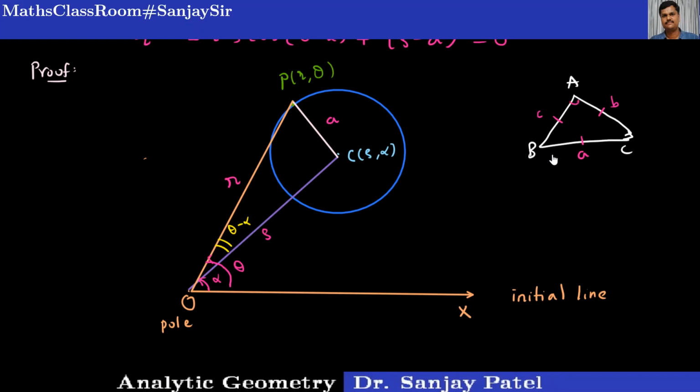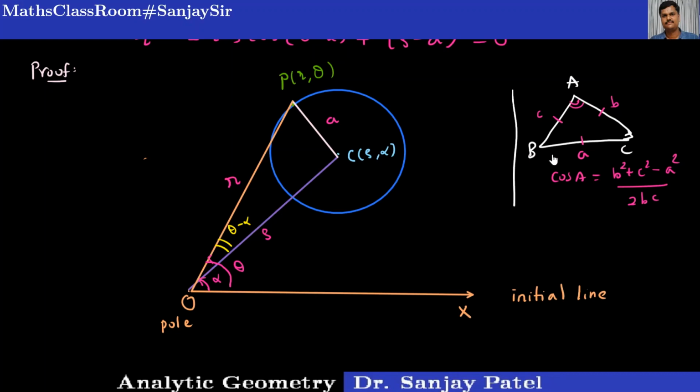If you want to write the cosine rule for the angle A, just remember that we have to take the sum of the squares of the two adjacent sides, that is AB and AC. So cos A is b square plus c square minus the opposite side square, that is minus a square, upon 2 times b into c, the product of the two adjacent sides.